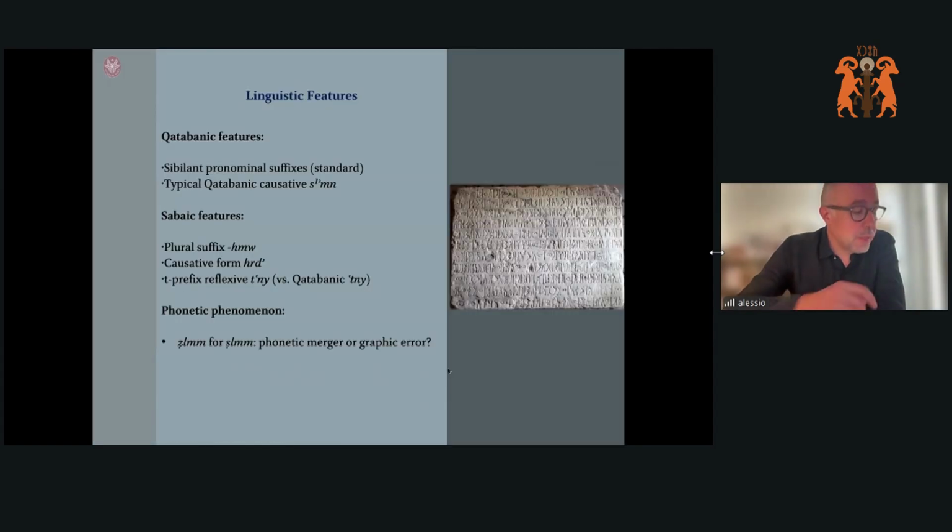From a linguistic perspective, this text exhibits a notable mixture of Sabaic and Qatabanic features, which represent one of its most significant characteristics. Although the pronominal suffixes are largely sibilant in accordance with standard Qatabanic norms, and these suffixes are used regularly at the beginning and at the end of the text, there is one instance of the Sabaic masculine plural suffix, pronominal suffix homo, as I mentioned earlier.